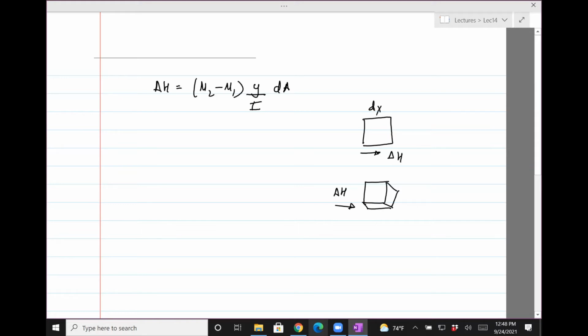And then we saw the width is b. So the shear stress due to the shear force delta H is, sorry, my bad, delta H is the stress times the cross-sectional area, b times dx.